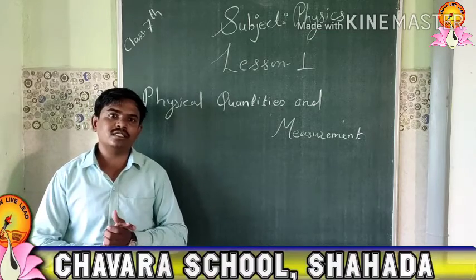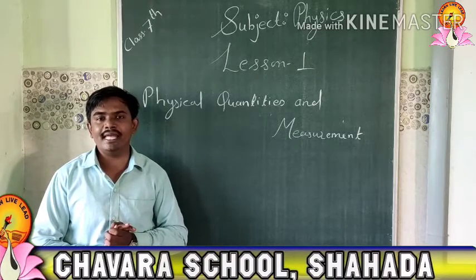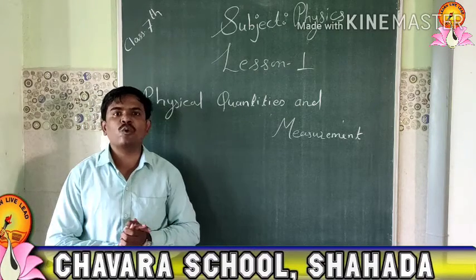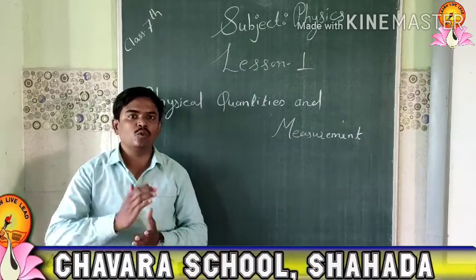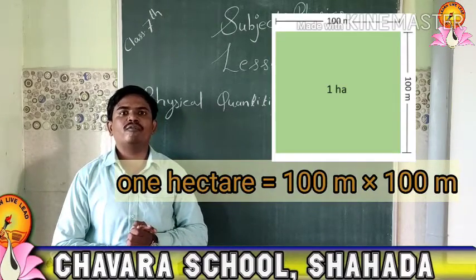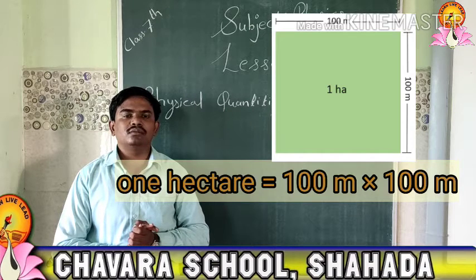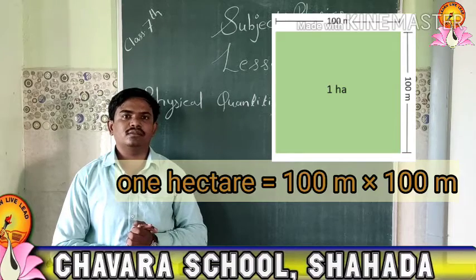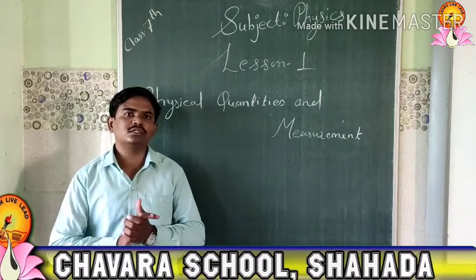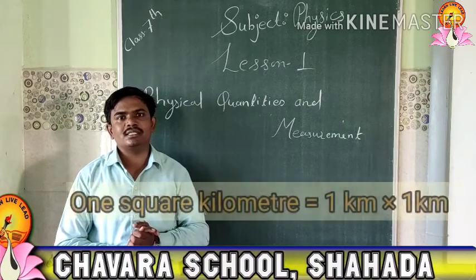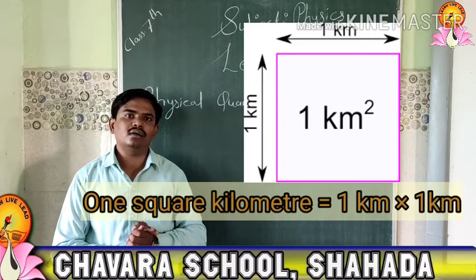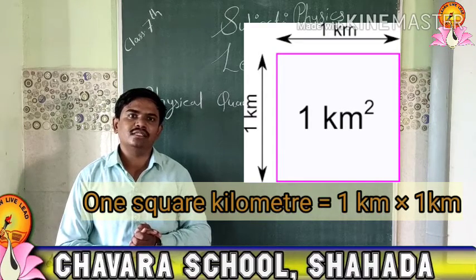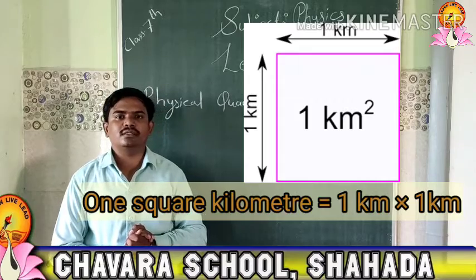Other units that we use to calculate the area are hectare or square kilometer. 1 hectare is the area of a square whose each side is 100 meter. And students, square kilometer is the area of a square whose each side is 1 kilometer.